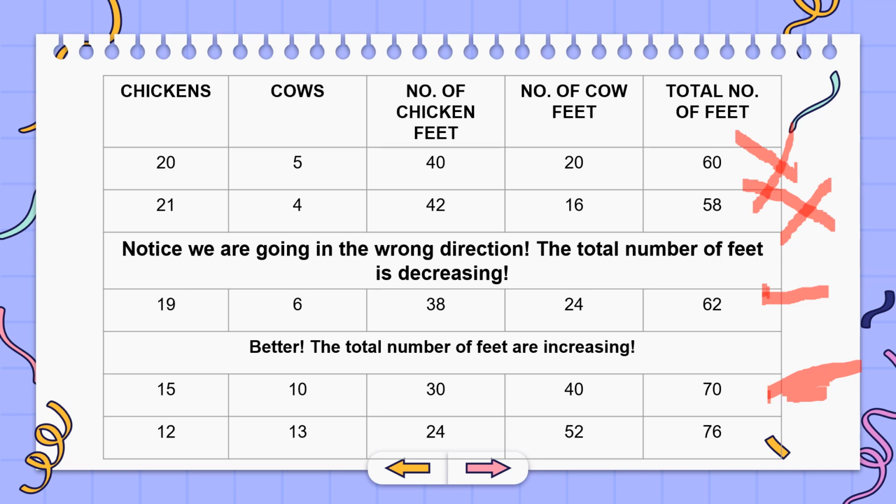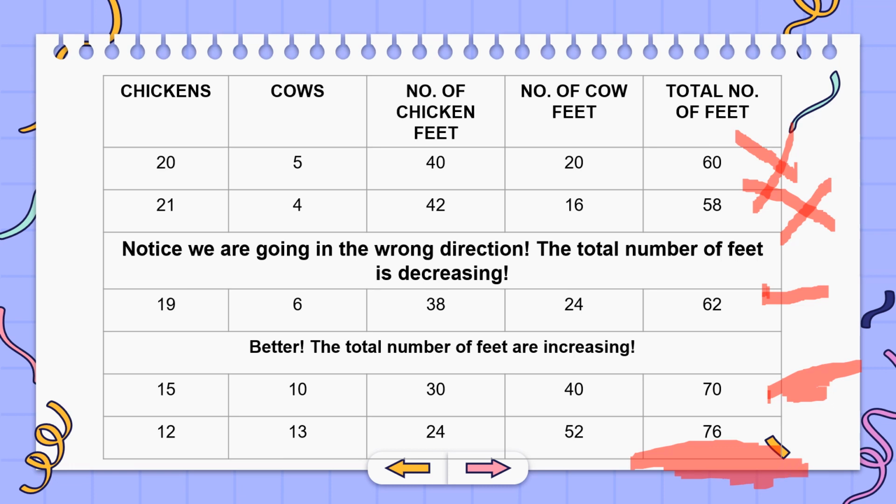So, 12 times 2, 24, then 13 times 4, 52. So, 24 plus 52 equals 76. Tada! So, there, guys, 76. So, step 4, look back.